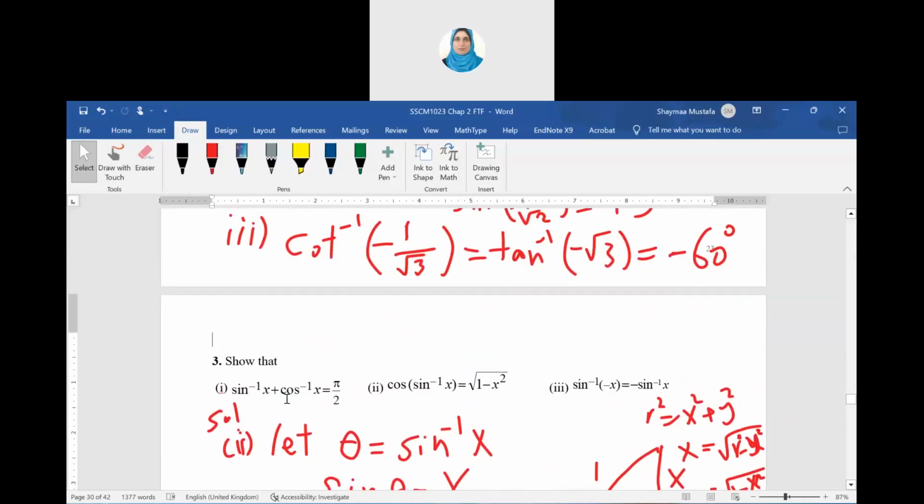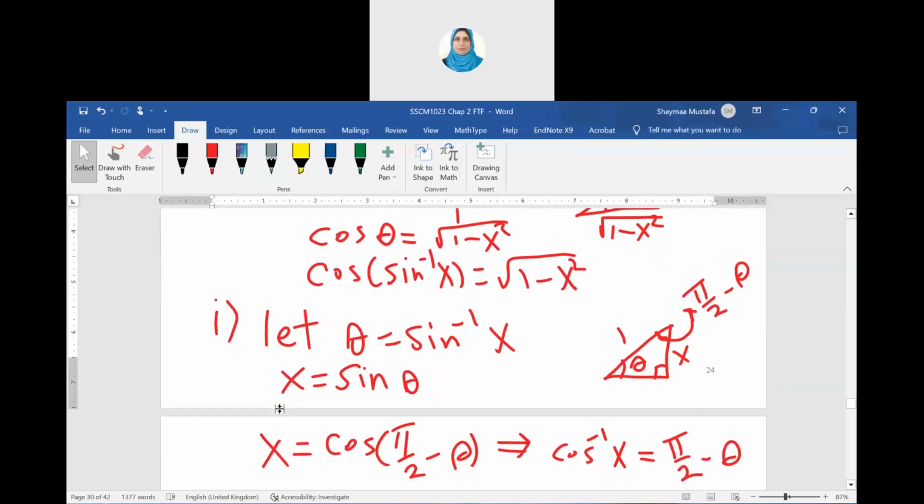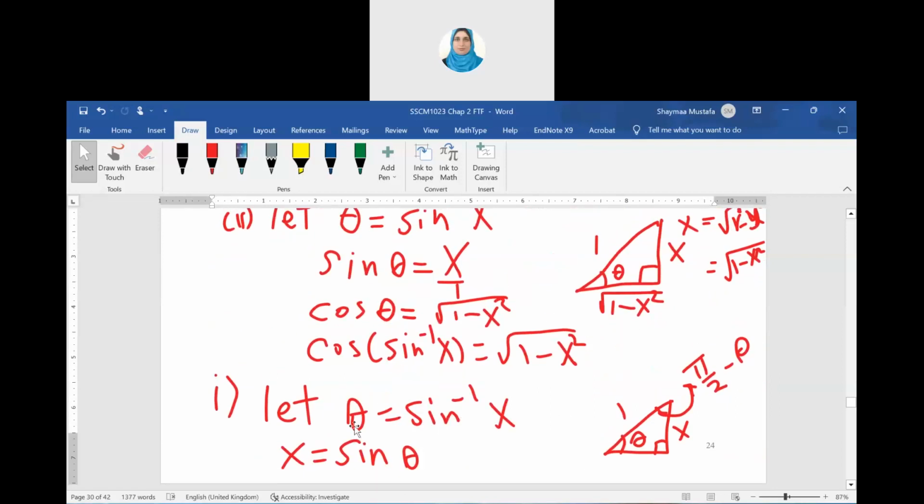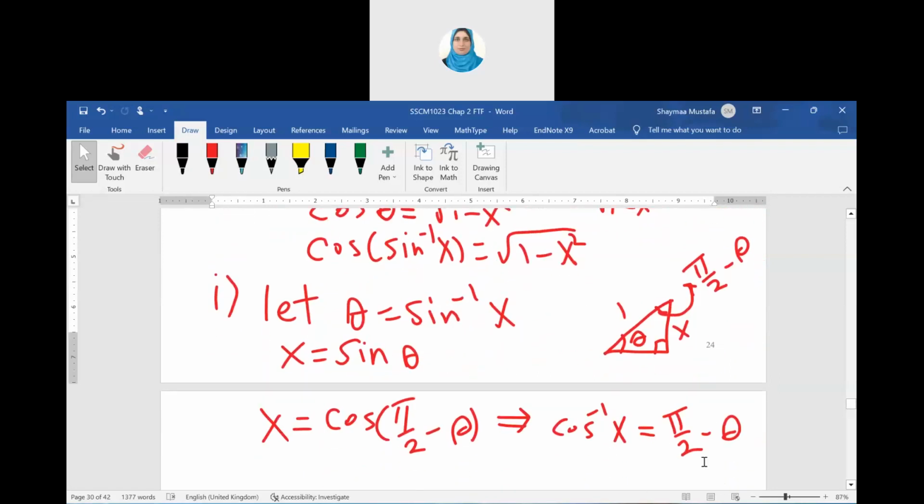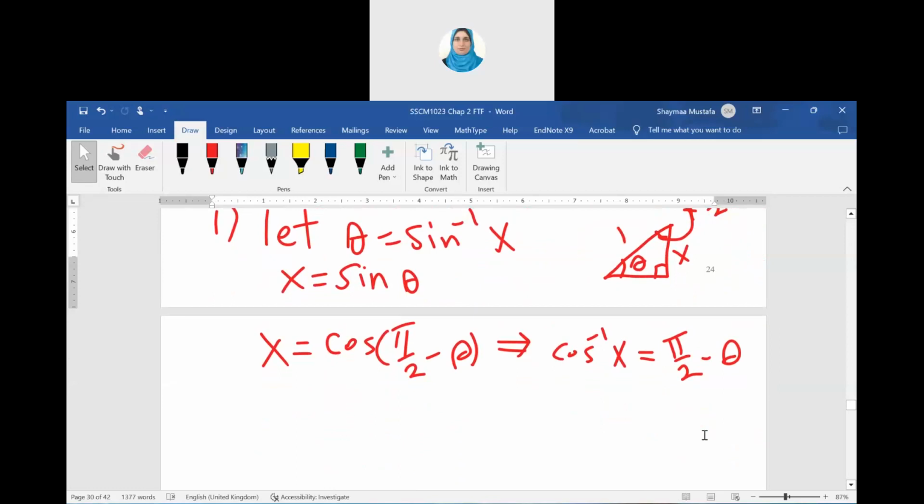Now I need to calculate sine inverse plus cos inverse. We have sine inverse x, which is theta, and cos inverse x, which is pi over 2 minus theta.